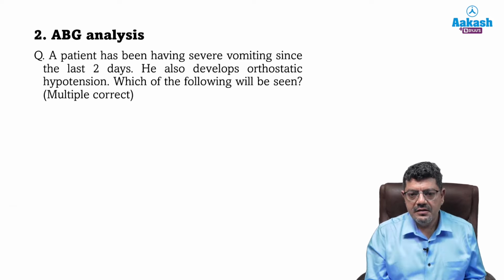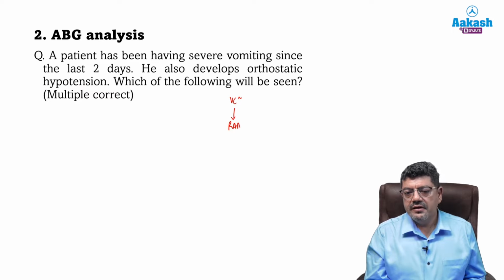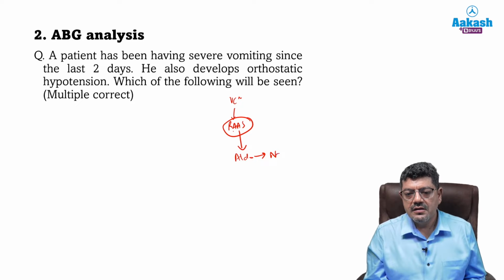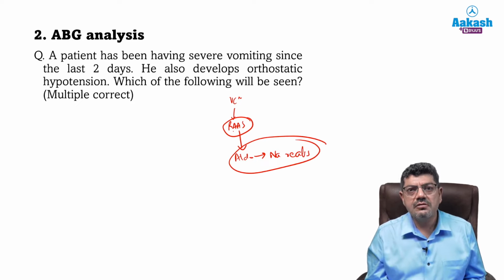What has happened here is that the orthostatic hypotension tells you that he's vomited so much that he has a volume contraction, which causes the renin-angiotensin-aldosterone system to get activated. Aldosterone, why? Because this will tend to preserve volume. How? Aldosterone will increase sodium reabsorption, right? That's what's going to happen to bring this volume contraction back towards normal.